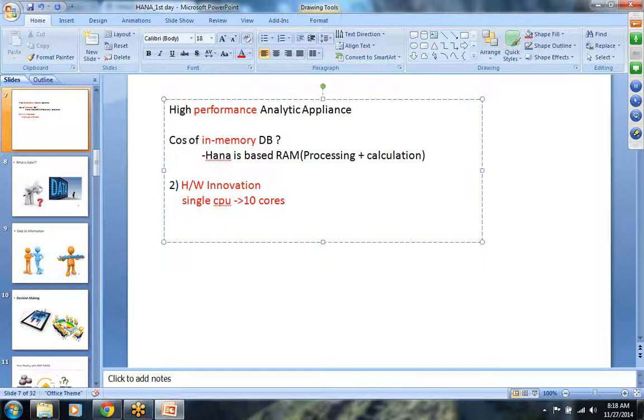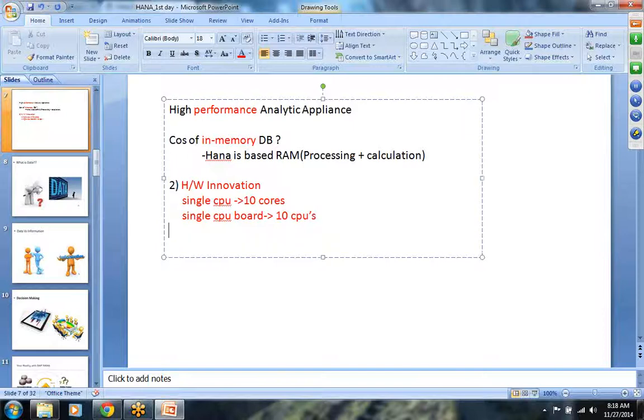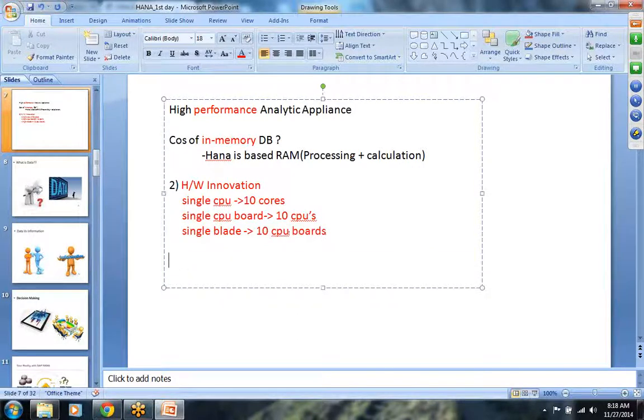Single CPU can accommodate 10 cores, single CPU board can accommodate 10 CPUs, and single blade can accommodate 10 CPU boards.